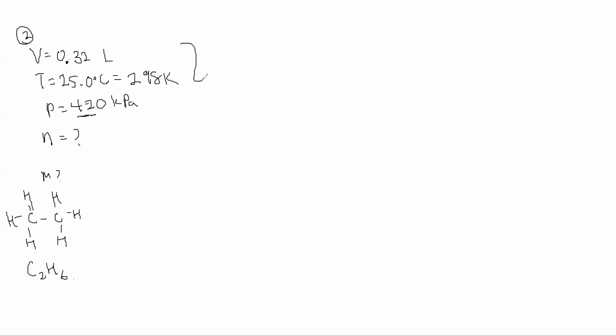All right, let's calculate. PV equals nRT. I have no idea how I'm going to get you to memorize this other than just either doing it or creating some kind of acronym. When I was in high school, I was an immature kid.